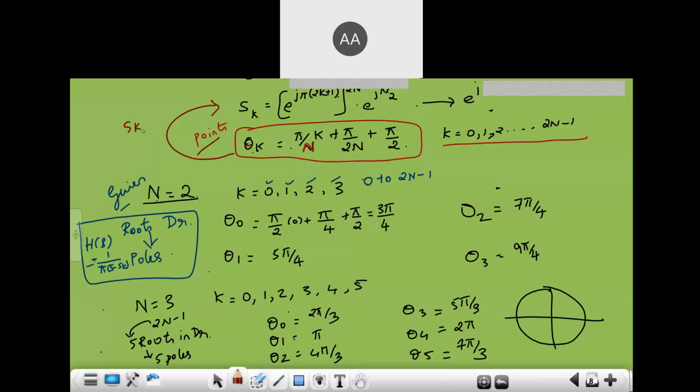So all those sk values I'm going to plot here. You can plot on a unit circle. You can start somewhere, S0, S1, S2, S3, S4, as you study in your control systems, right? Actually, it comes anti-clockwise.